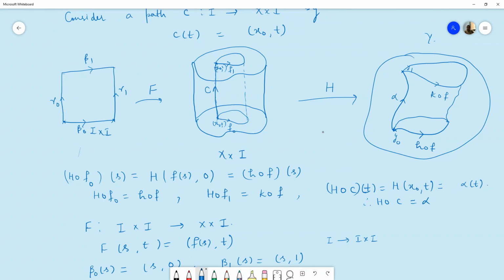Similarly, the product gamma naught star beta 1 is also a path starting at (0, 0) and ending at (1, 1). Now, because this box I cross I is a convex set, and we know any two paths starting and ending at the same points in a convex set are homotopic to each other, these two paths are homotopic to each other. And let us say capital G is a homotopy between them.